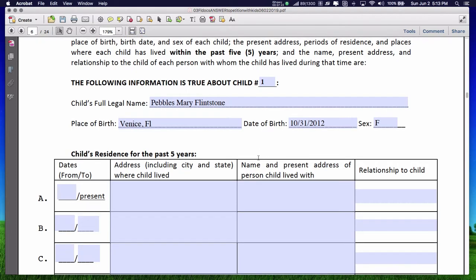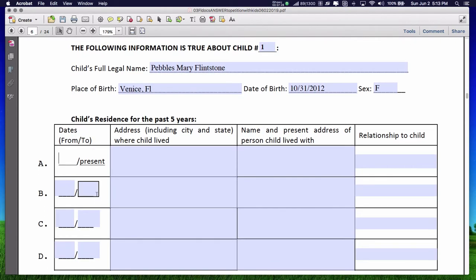It's usually pretty easy to do because most of the time the kids, if you're not moving around too much, if you are, you'd put like, let's say for 12 months you live from here, this date to this date, I don't know, December 2015 through December 2016. You could put that here and then put the address where you lived.